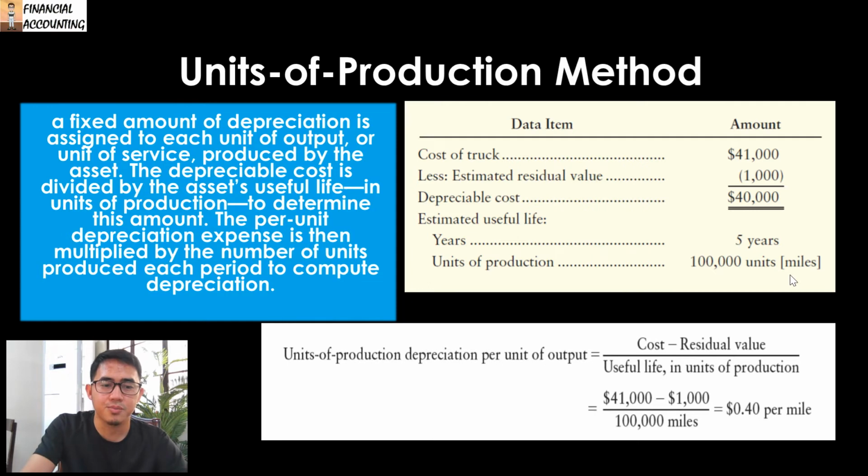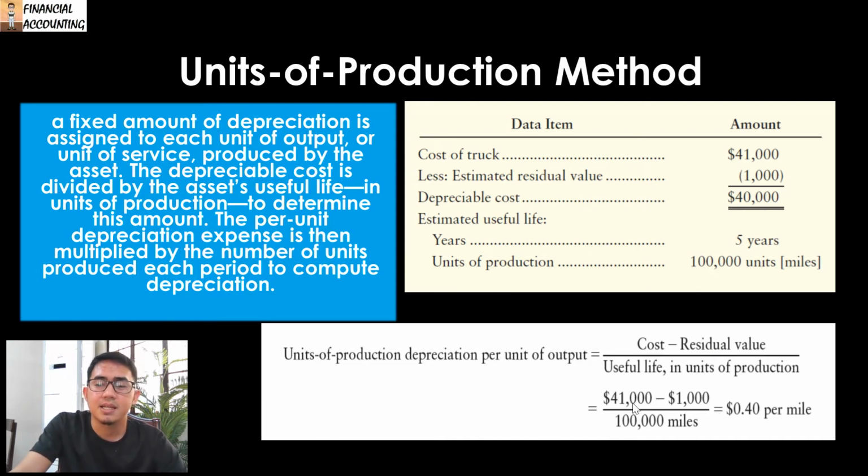Okay, so this is the formula. It's almost the same as the straight line method, but the denominator is different. So we have here units of production depreciation per unit of output equals the cost, 41,000, minus residual value 1,000, divided by the useful life in units of production.